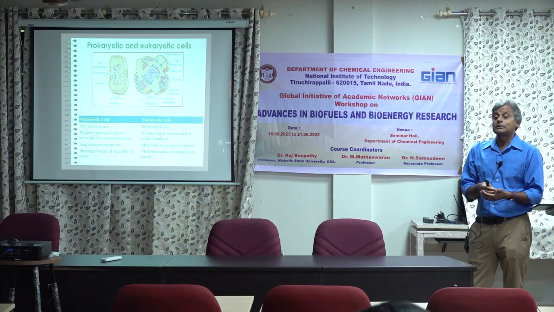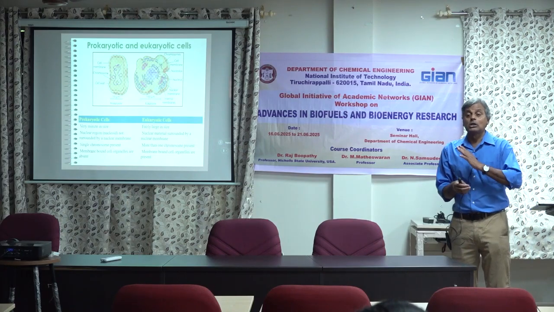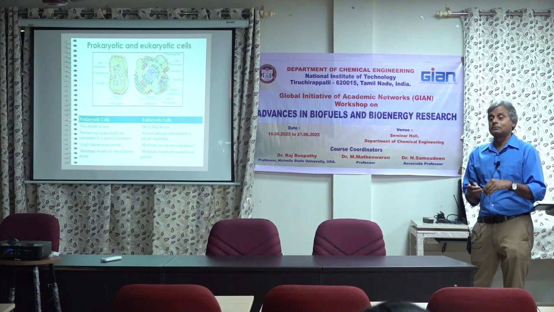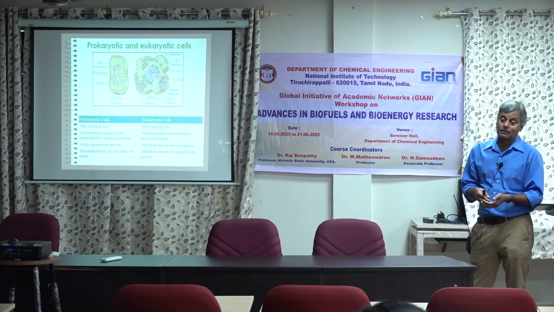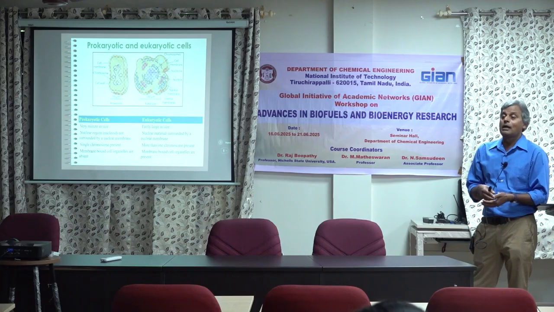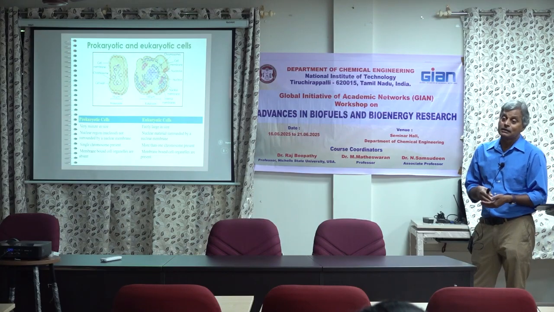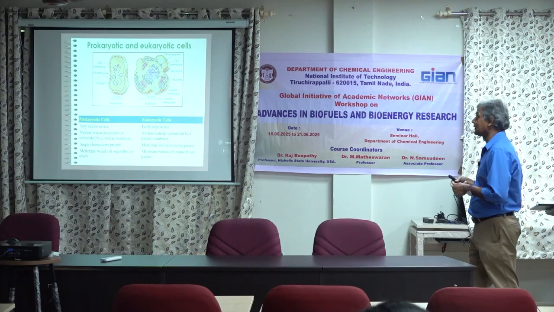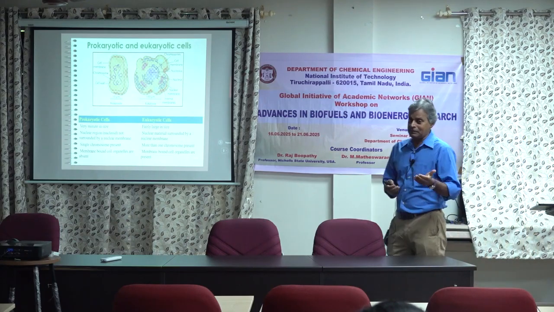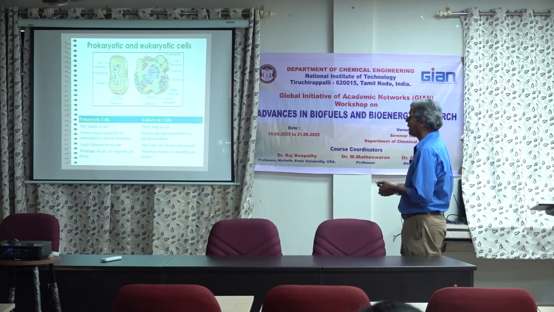The other difference is that in prokaryotes you don't have cellular organelles, like subcellular organelles such as endoplasmic reticulum, mitochondria. All that you don't have in prokaryotes. In eukaryotes you have a lot of subcellular organelles. Those are some of the major differences between prokaryote and eukaryote.